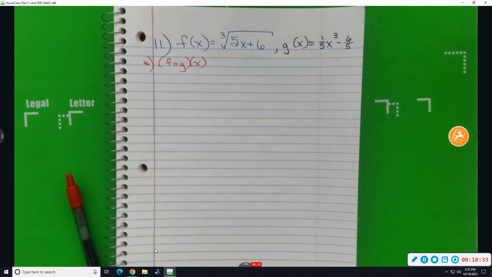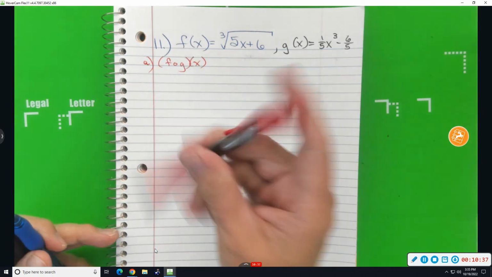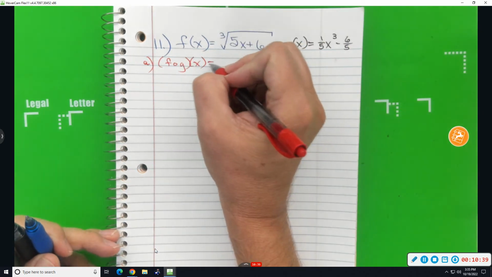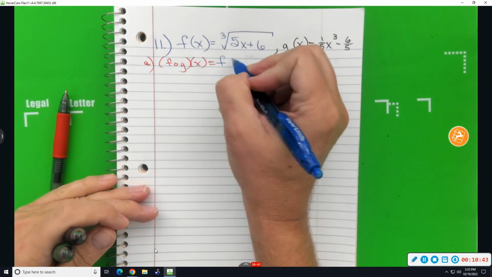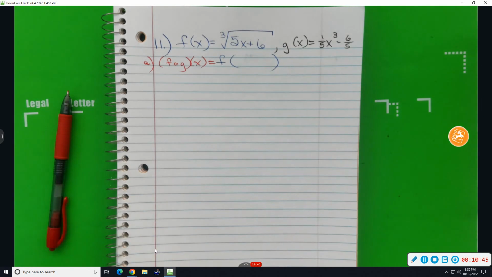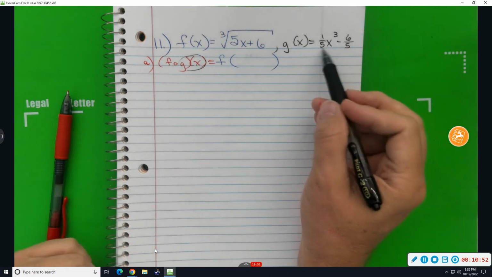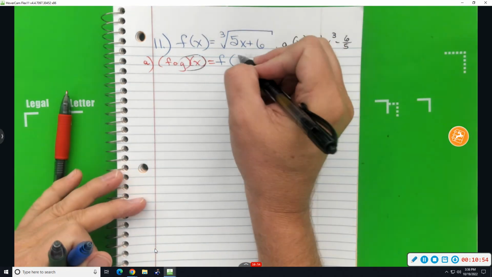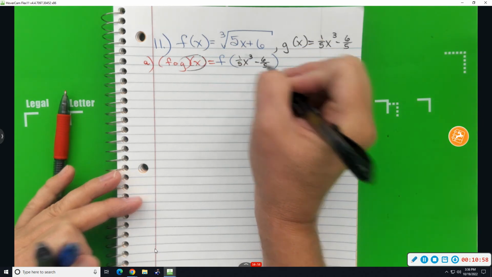Which function's my outside function? f is on the outside. I'm usually asking what's my inside function, but this time I tricked you. I asked for the outside function first. Now the inside function is g of x, and we know what g of x is. They gave it to us. It's 1/5 x cubed minus 6/5.